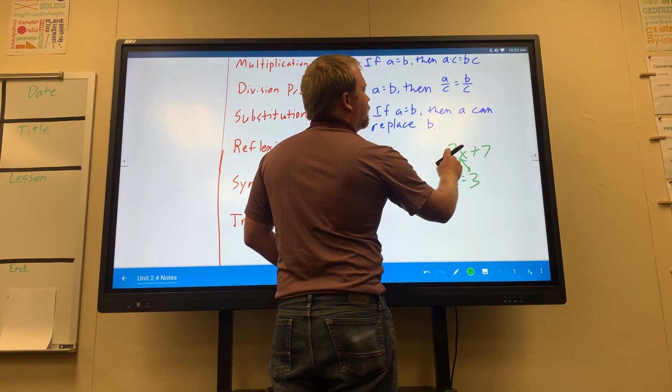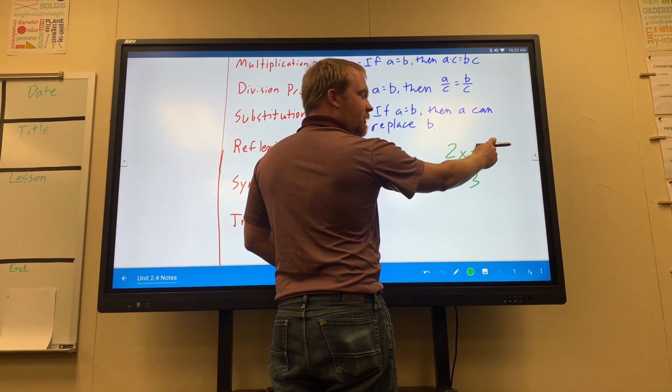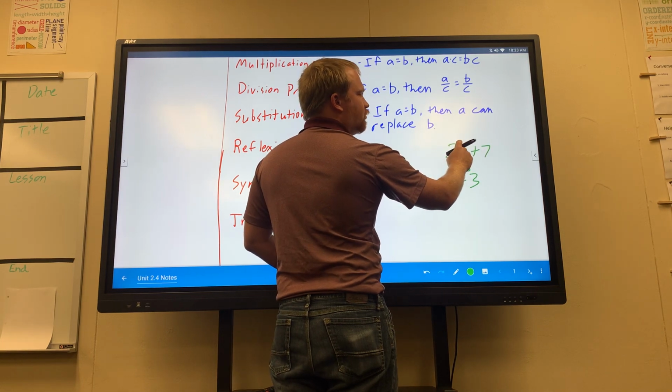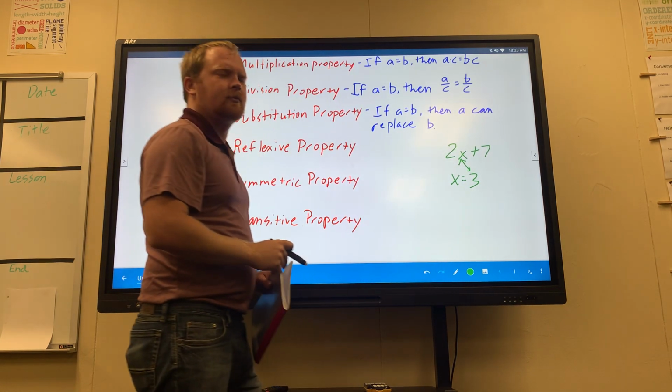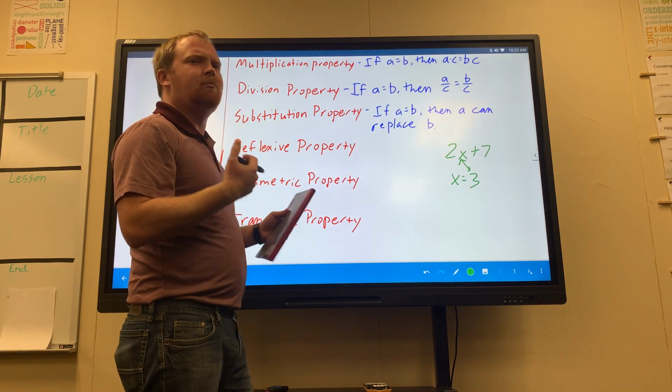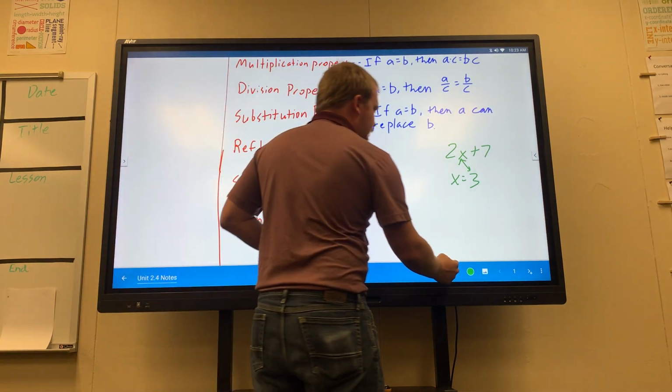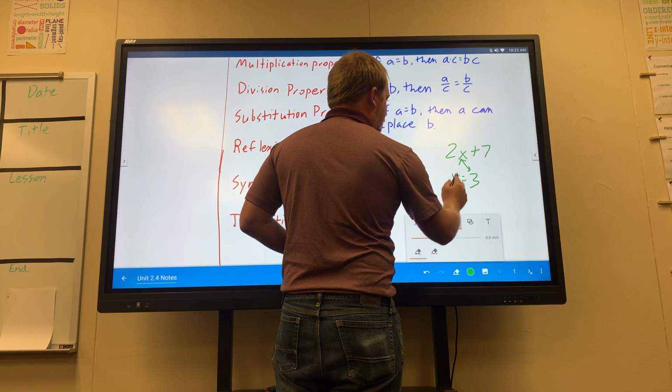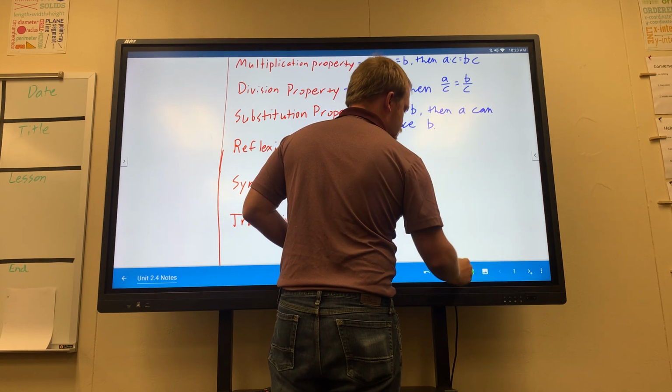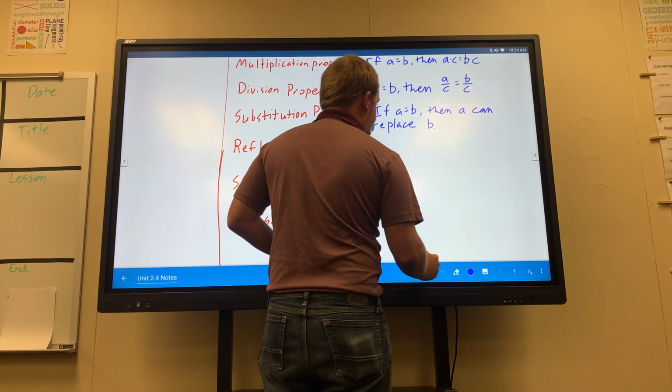Okay? So instead of saying 2 times x plus 7, I can say 2 times 3 plus 7. That's what the substitution property does for us. It allows us to replace values as long as they're equal to each other.